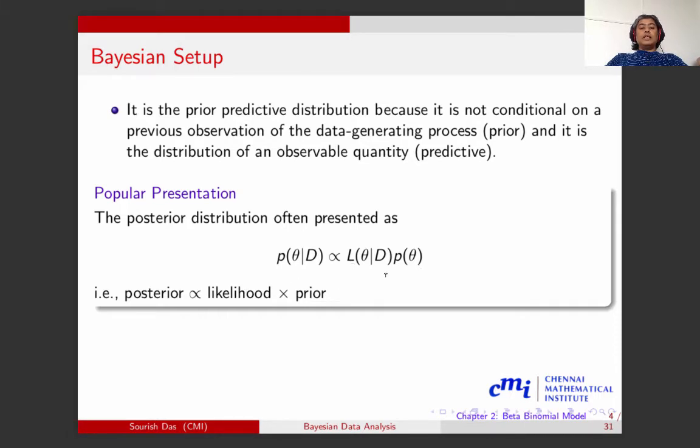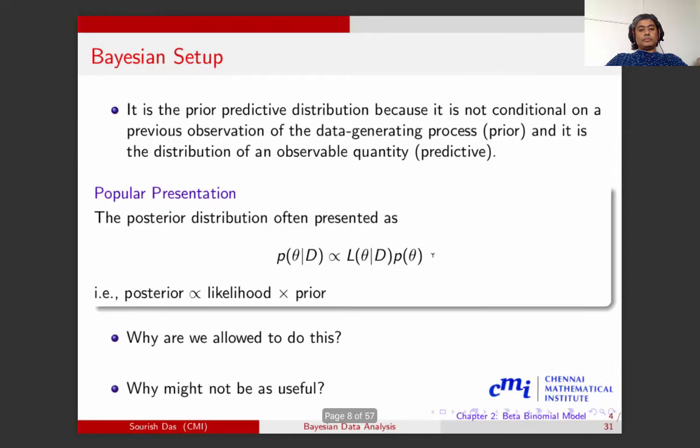Since the denominator behaves as a normalizing constant, we can write the posterior distribution as proportional to likelihood times prior. Why are we allowed to do this? Because the denominator is a normalizing constant, so that's why we are allowed to do this.